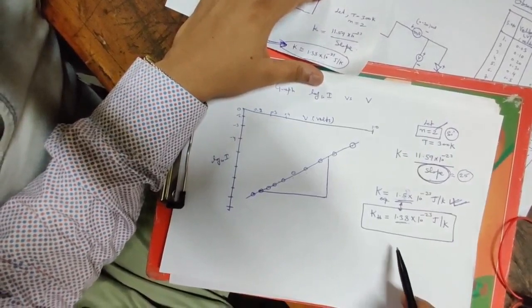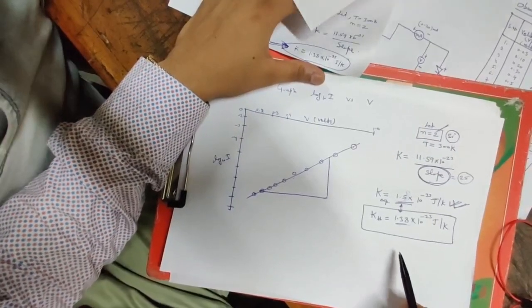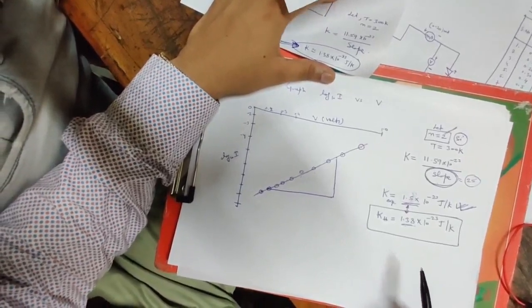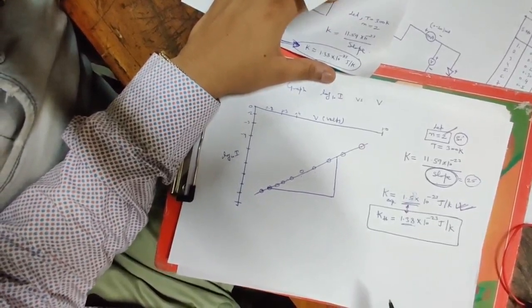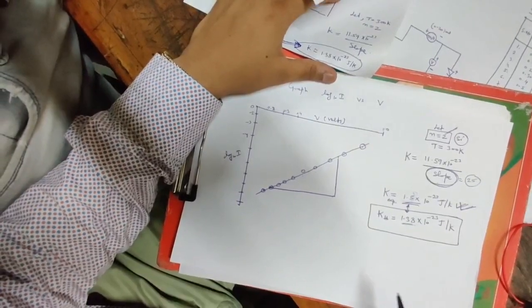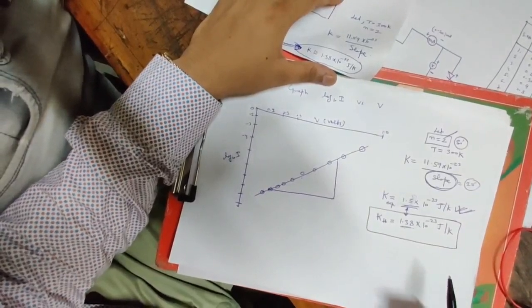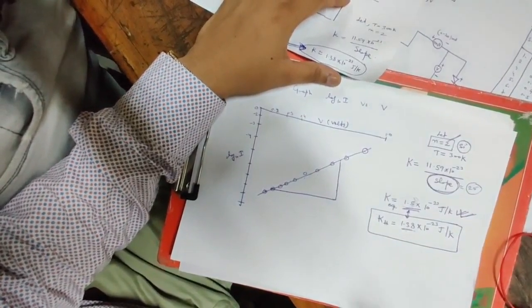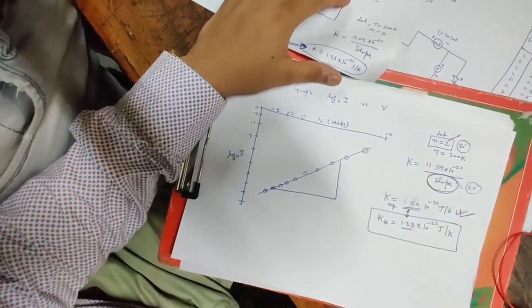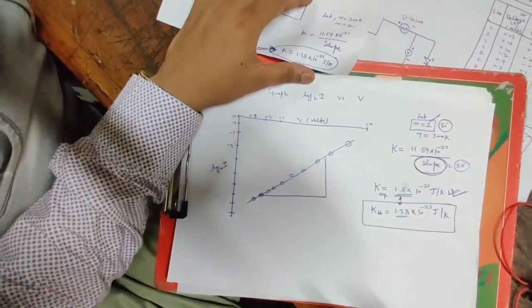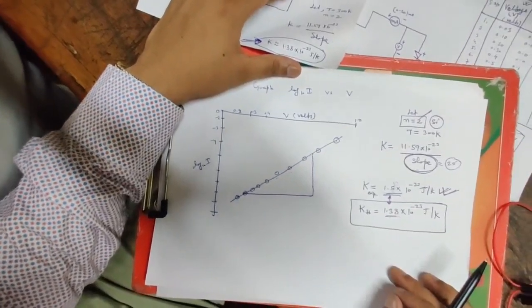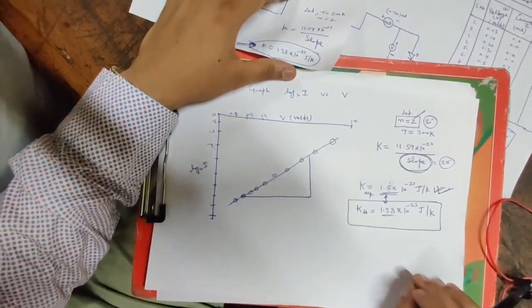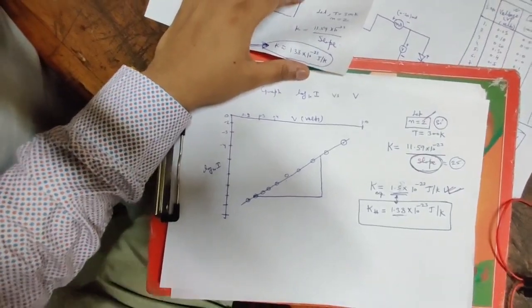So the diode is not ideal, and departure from the ideal characteristics is due to the generation and recombination in the depletion layer. That's why it deviates from its original value. So the main reason behind that is the generation and recombination in the depletion layer, high injection, and the series resistance effect, right?